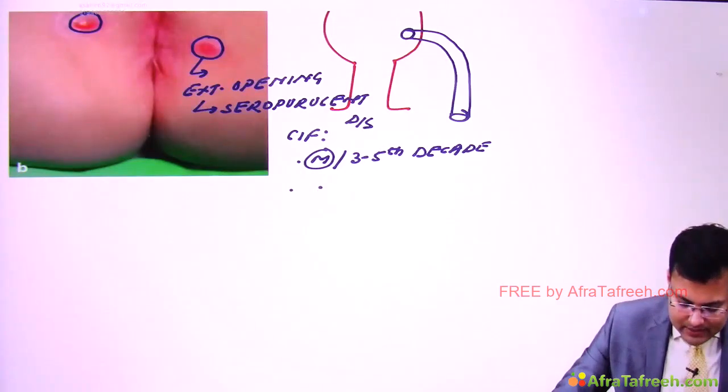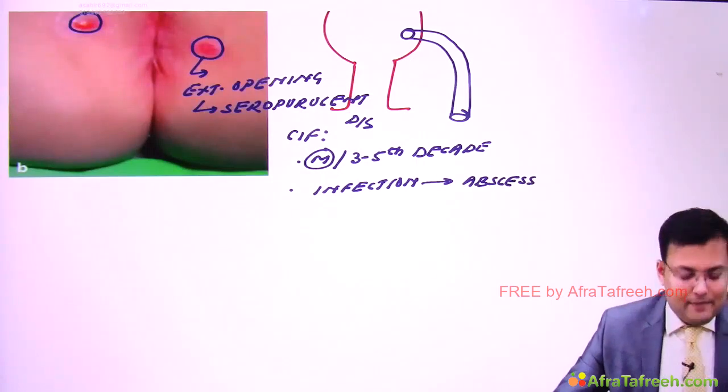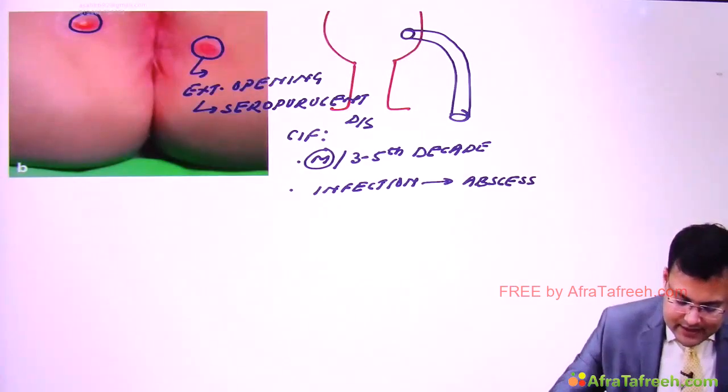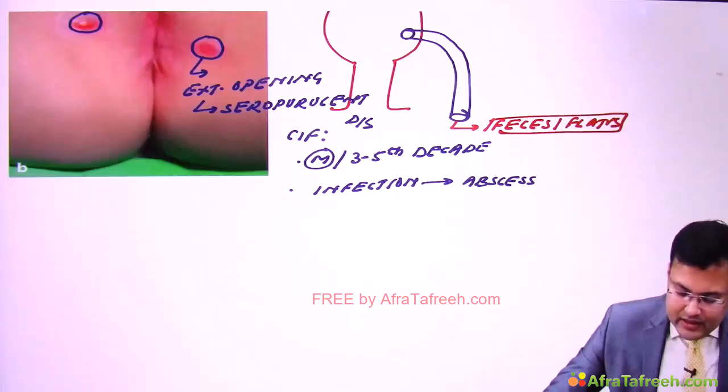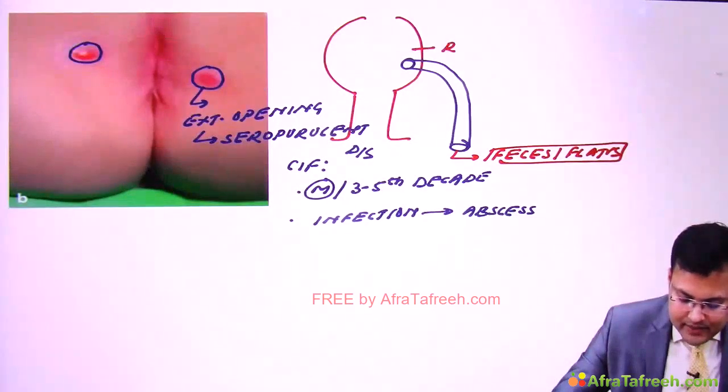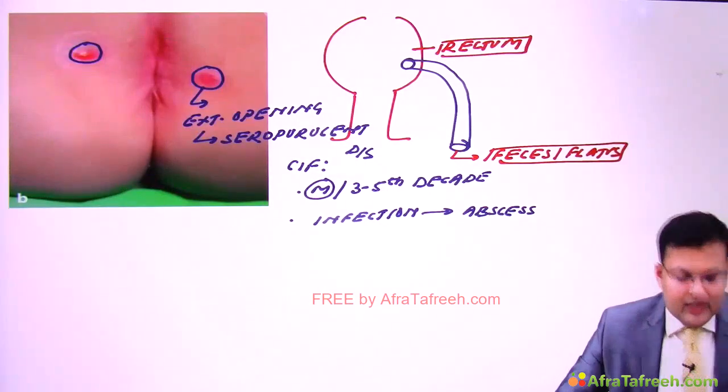Right? Sometimes there is obstruction of the tract, and if there is infection, it can also lead to abscess. And passage of feces and flatus from the external opening suggests what? That the internal opening is in the rectum.